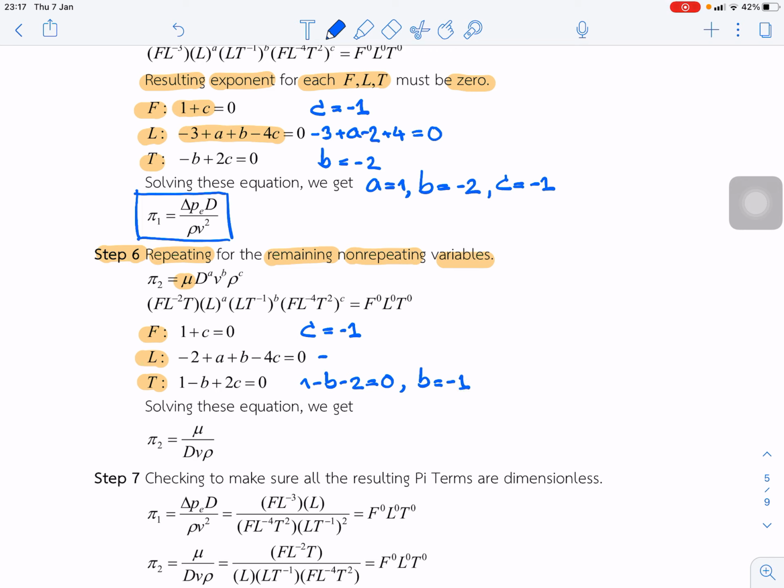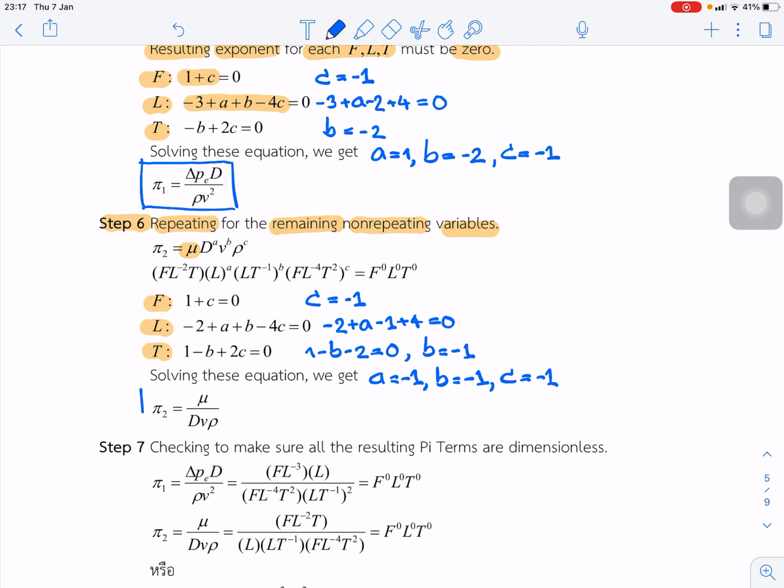Next we substitute in the second equation, with b equal to minus 1 and c equal to minus 1. So we come up with the solution that a is equal to minus 1, b is minus 1, and c is minus 1. So we come up with the second pi term.